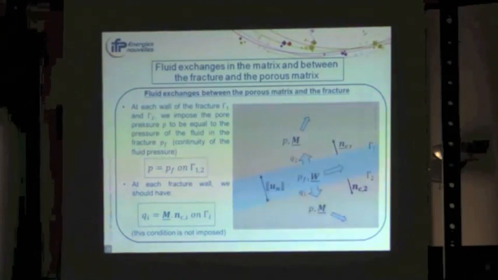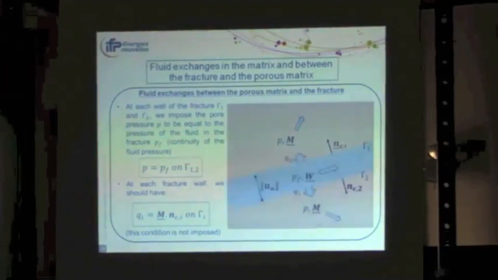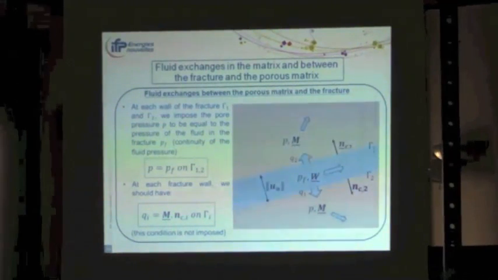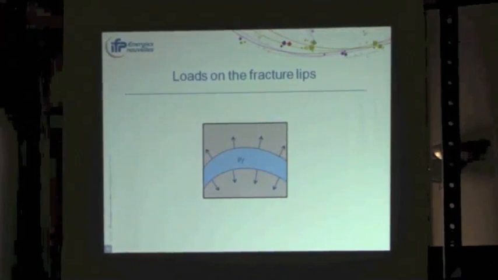So on each of the fracture walls, we'll impose the condition P equal P sub F, on the upper fracture wall and at the lower fracture wall. If this is well posed, we should have Q equals M dot N. So the fluid flux between the fracture and the matrix should be equal to the Darcy flux at the fracture wall. So this condition is not imposed. It should come naturally.